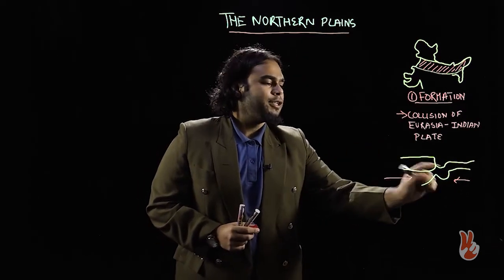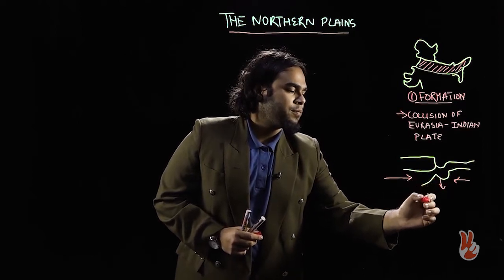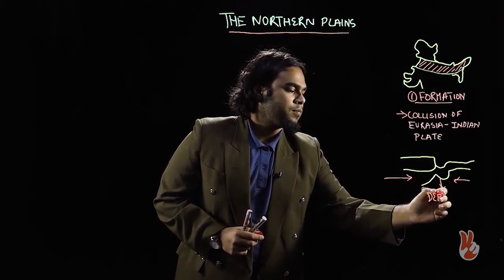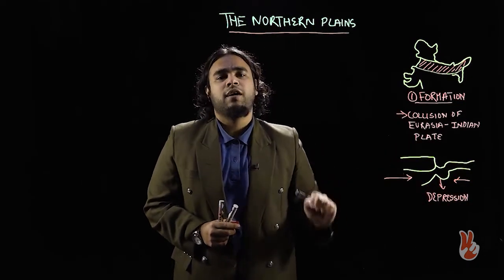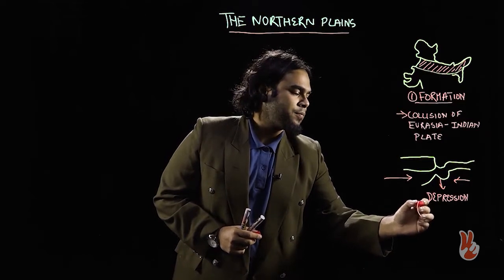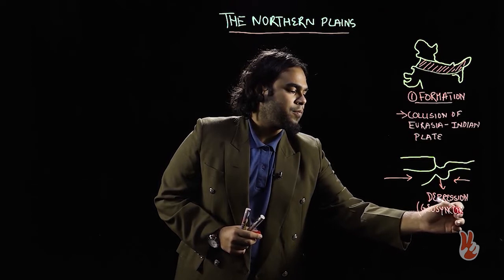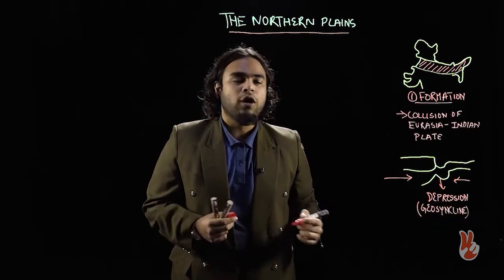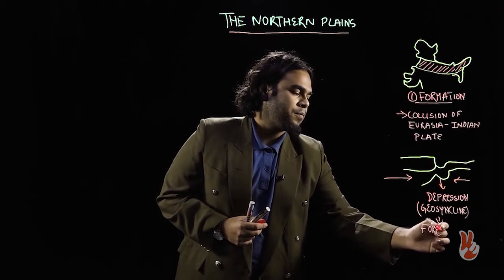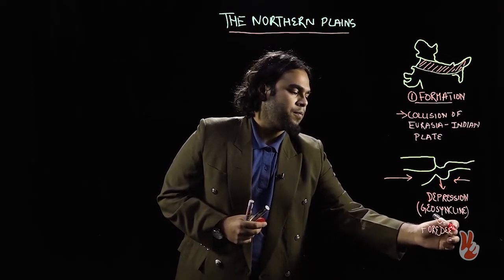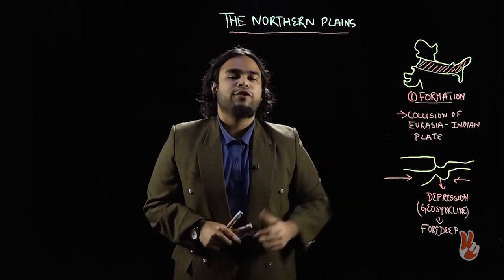So because of the collision of these two plates, it resulted in the formation of a depression. This depression here is a geosyncline, which is also called as foredip. Okay, so as you can see here, there is a formation of a depression, right?